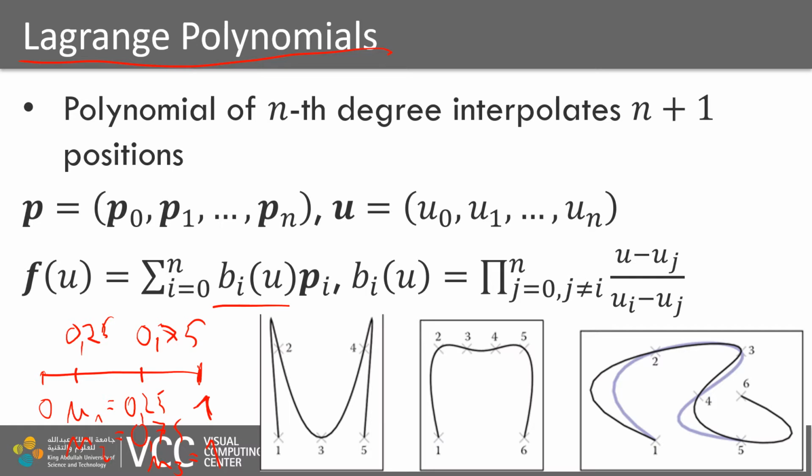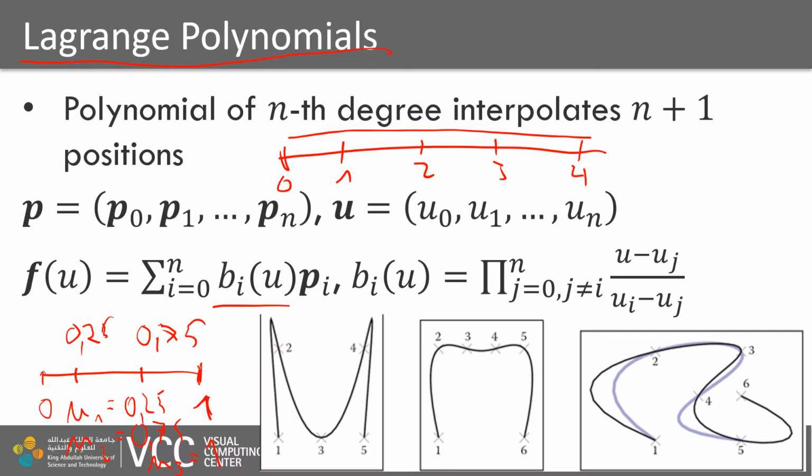Also, we are not limited to the range 0 to 1. We can have our u defined as 0, 1, 2, 3, 4. So our points are associated with different parameter values, and the curve is simply filling the space between these points.